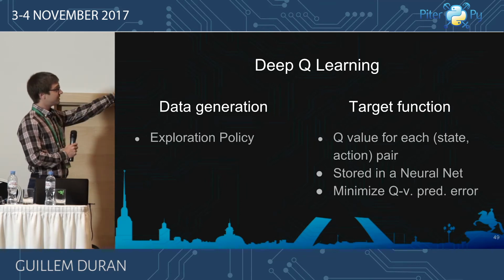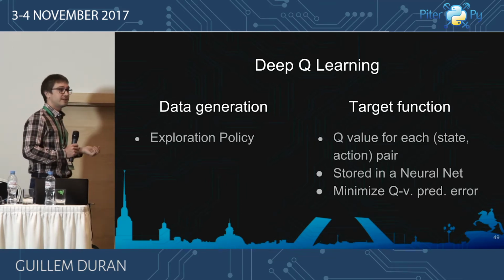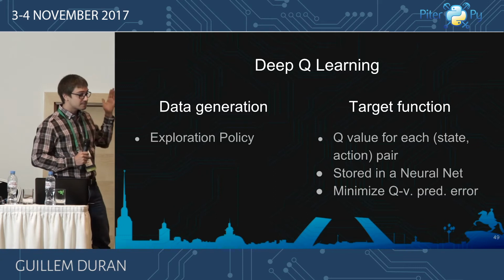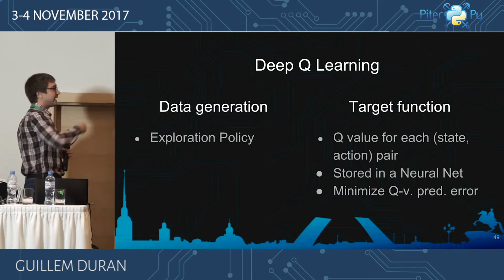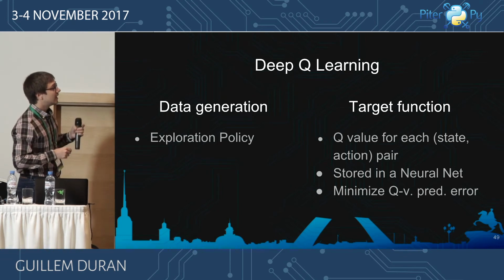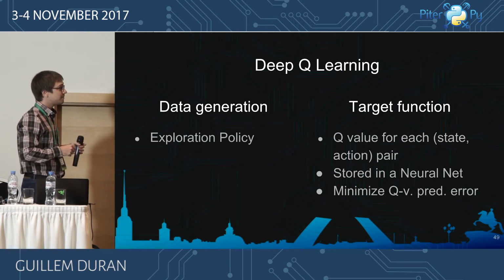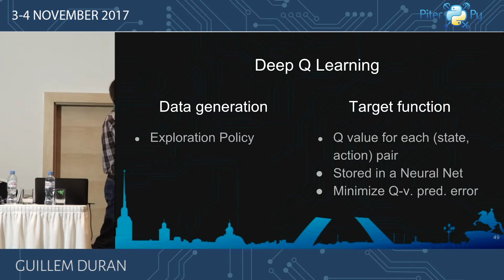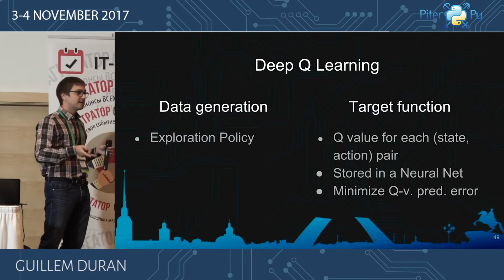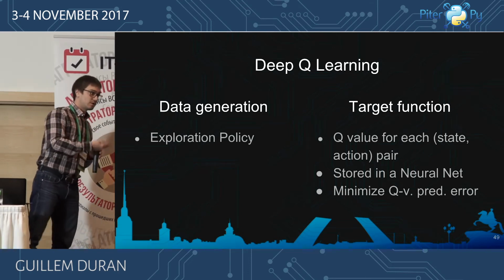Well, as you can see here, deep Q-learning is pretty much the same as regular Q-learning, but in this case, you have a neural net instead of a table, and you are not propagating backward the rewards, but minimizing an objective function to make your network learn.